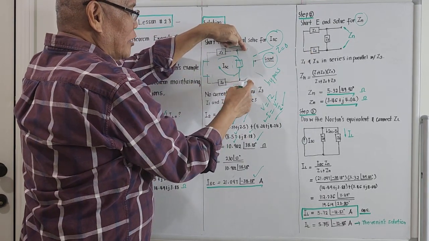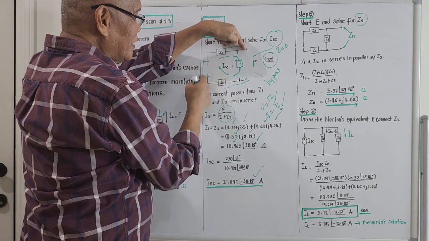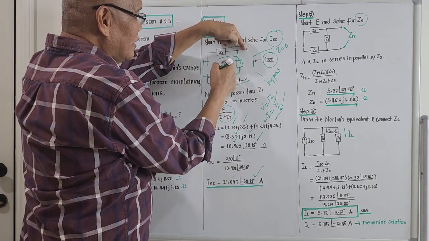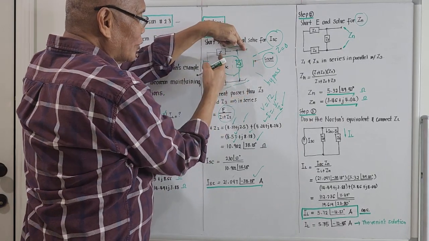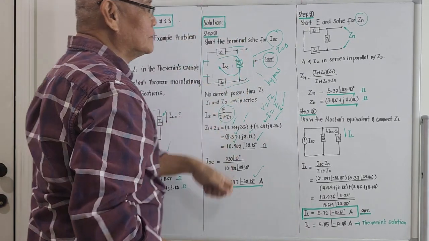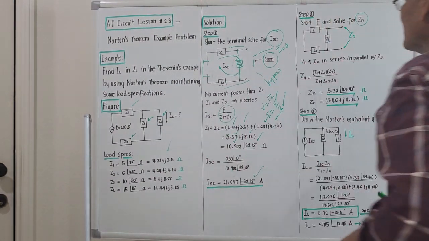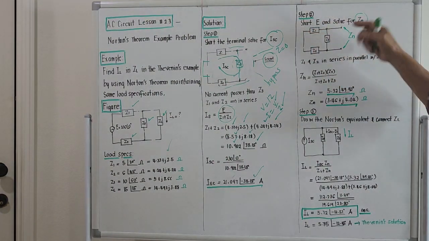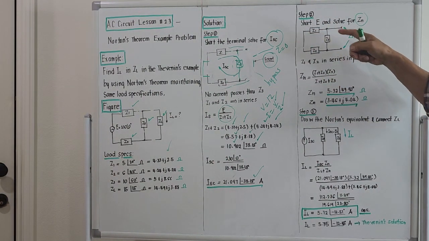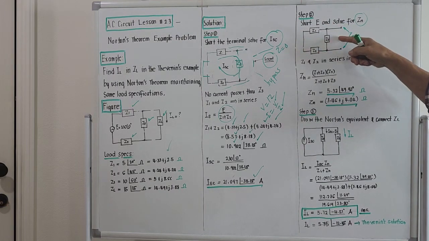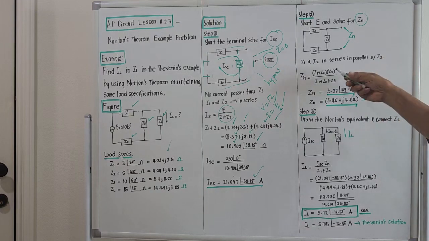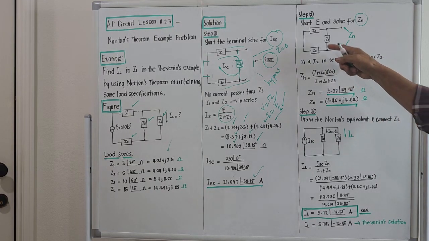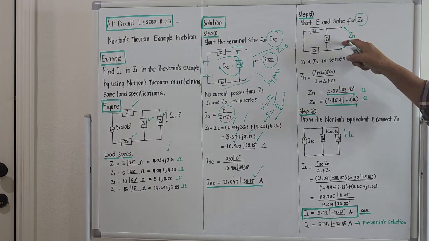So if this is open, we short out E. It seems C1 and C2 are in series, and C3 is in parallel with the combination of C1 and C2. So I place it here. After the shorting of E, the figure will be this: C1, C2, and this C3. Obviously, C1 and C2 are in series, right? And the combination of this is in parallel with C3.